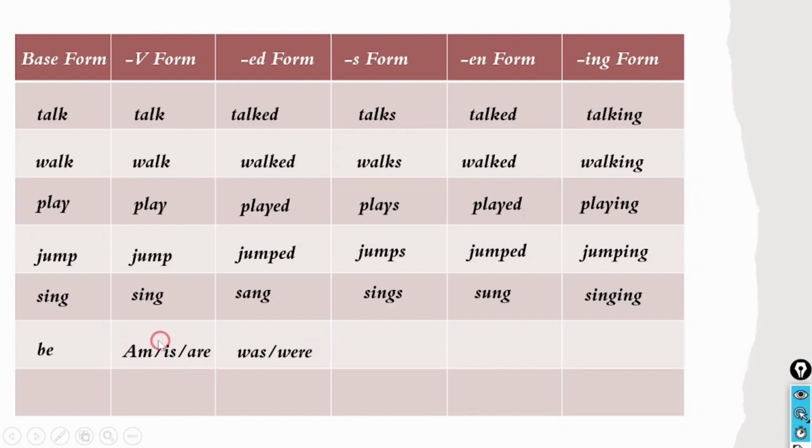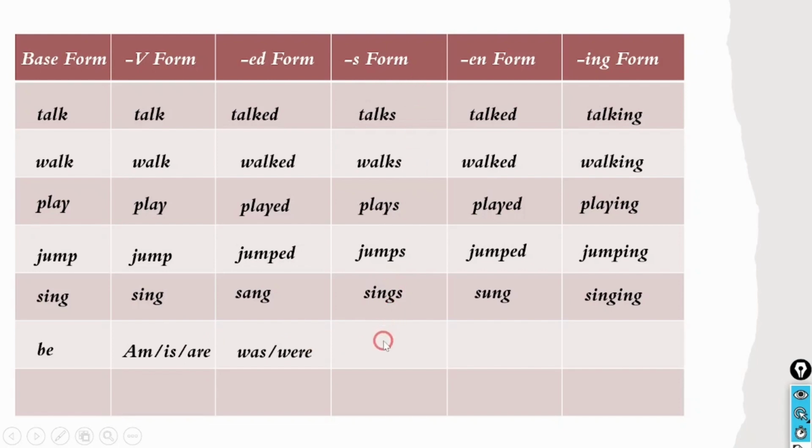If it's singular, you say was. The word be can become am for singular, and also is for singular. Then are should be for plural. Then in the past, am and is become was. Are becomes were.